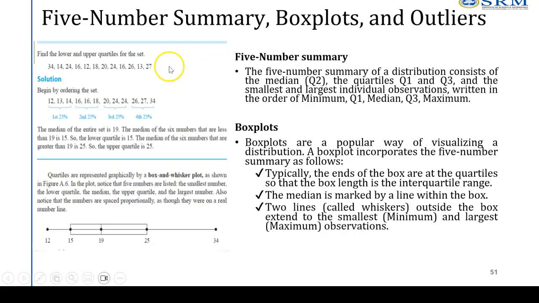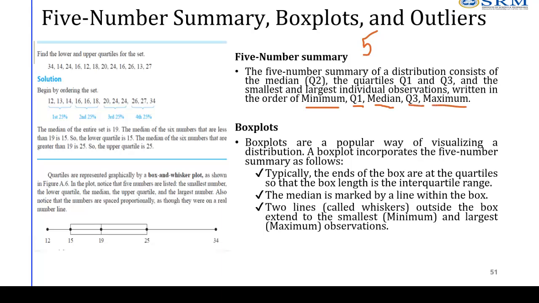When you come to the five-number summary, box plots and outliers, we'll see what the five summary numbers are. The first one is your minimum value, the second one is your Q1, the third one is your median, which is your Q2, the fourth one is your Q3, and the fifth one is your maximum.